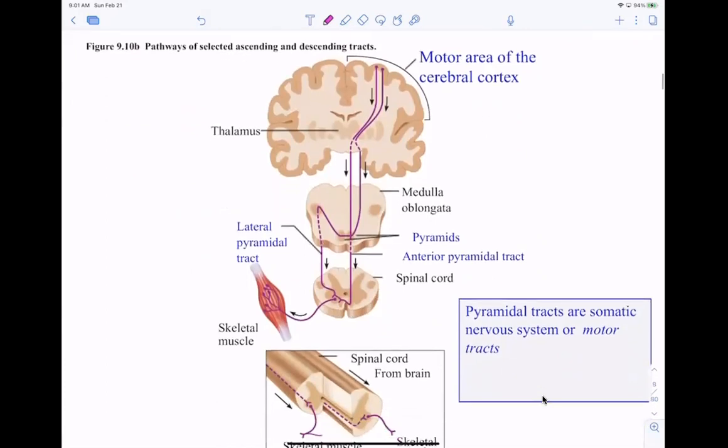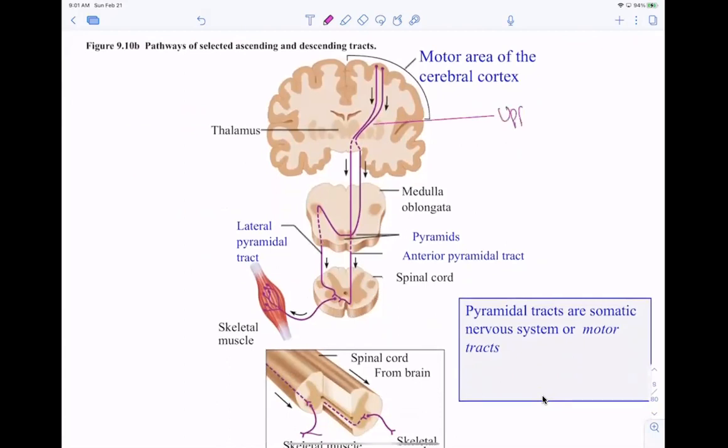Motor, on the other hand, is, the first neuron, and there's really only 2. There's an upper motor neuron and a lower motor neuron. And so instead of 3 neurons, it's only 2 neurons.